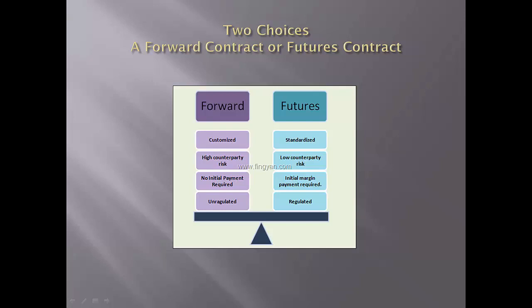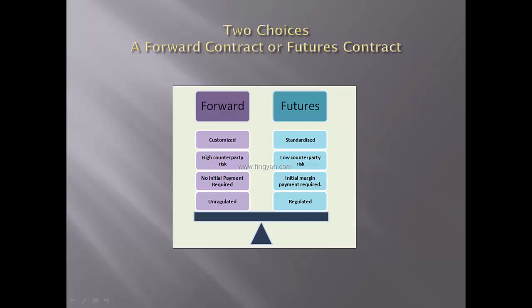The other options that buyers and sellers have, or the driller and the refiner in this case, are the futures markets. What the futures markets provide is a standardized quantity, quality of product. There's a low counterparty risk with trading futures because the markets are traded on a global exchange where the buyer does not know who the seller is, and transactions are transacted through what we call a clearinghouse.